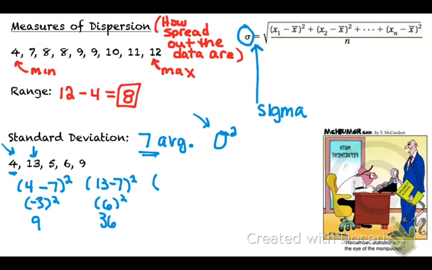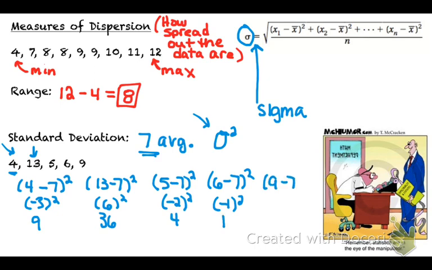We'll do that with the 5. 5 minus 7 squared is equal to -2 squared, so 4. 6 minus the average of 7 squared is -1 squared, which is 1. And finally, we end up with 9 minus 7, this is our last value, squared is 2 squared, and that is equal to 4.